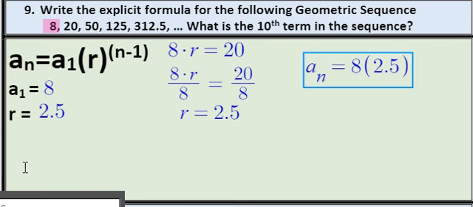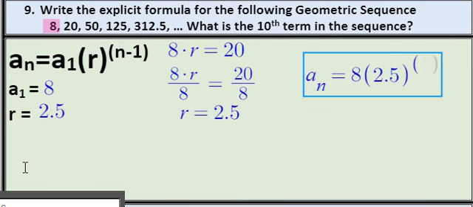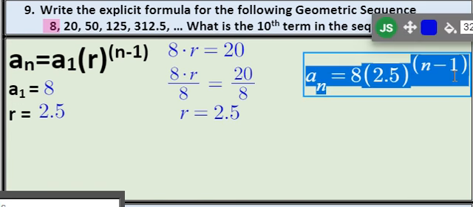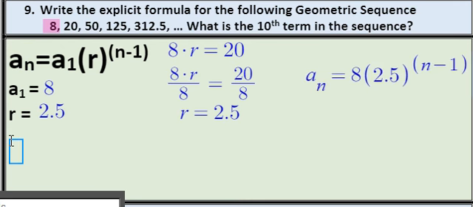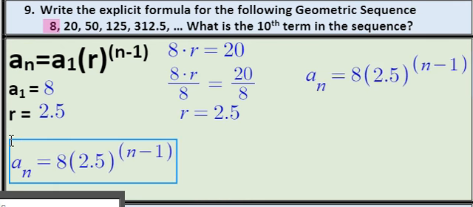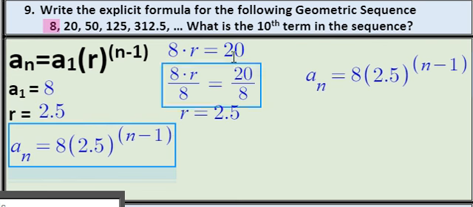Then I raise it to the power of, so I have my exponent, n minus 1. And this is my explicit formula to describe the sequence.